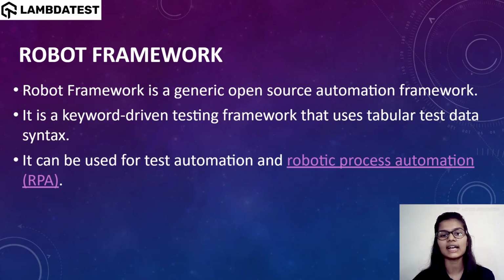Robotic process automation is somewhat similar to that. So it's very simple: Robot Framework is a generic open source automation framework, a keyword-driven testing framework which uses tabular test data syntax, and you use it for test automation and robotic process automation.